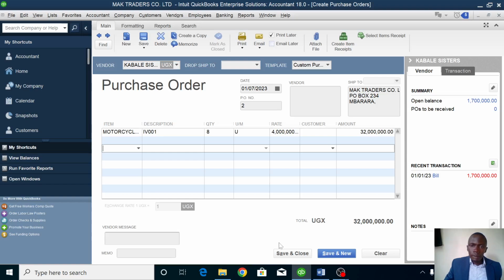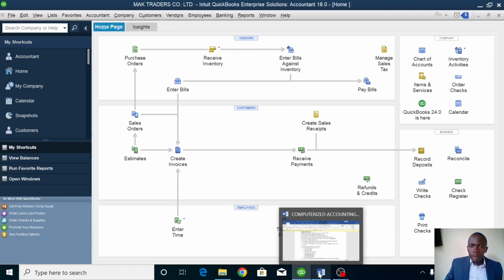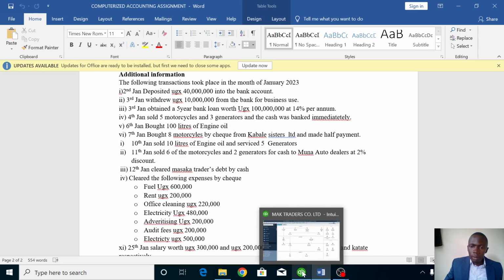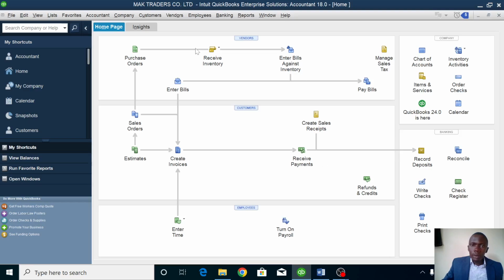So now we save and close. And made half payment. So in our question they are saying and made half payment. So we go back to receive inventory.